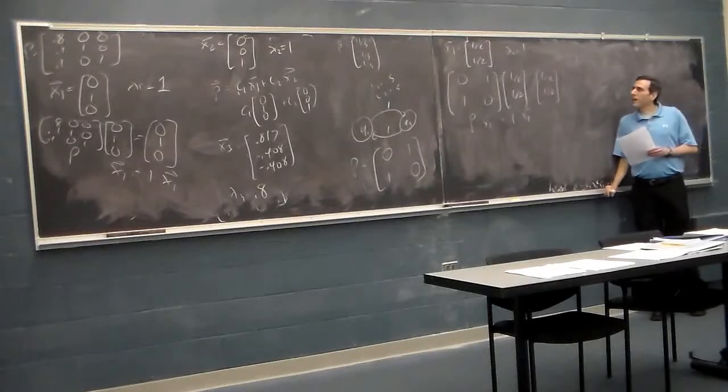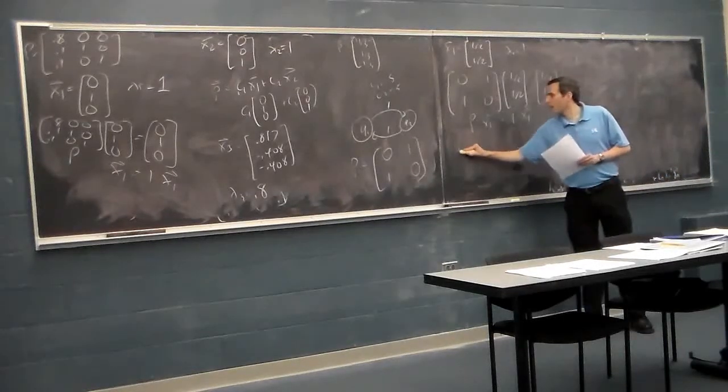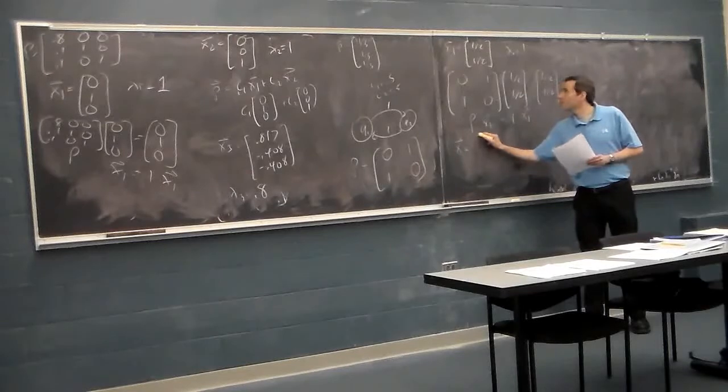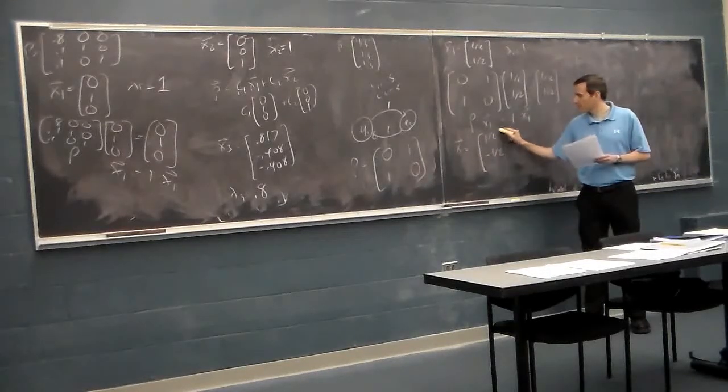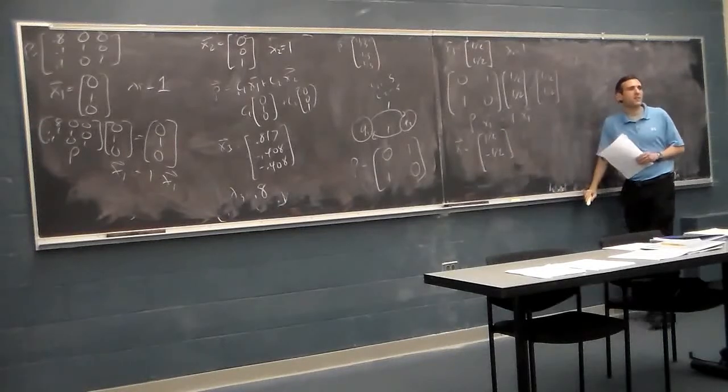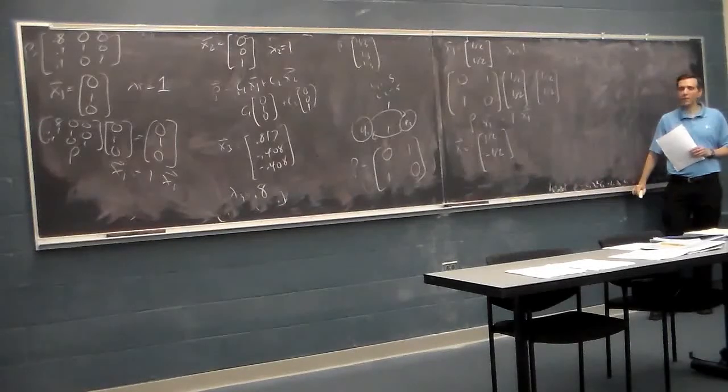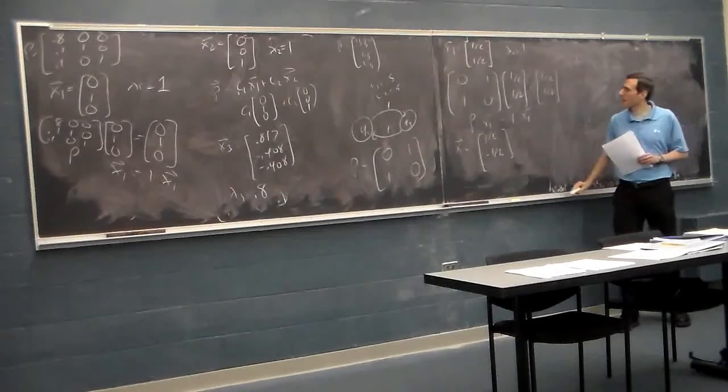Right, so the other one I will assert is the following: (1/2, minus 1/2). So what is the eigenvalue corresponding to that eigenvector? Yeah, so this one will come out to -1.